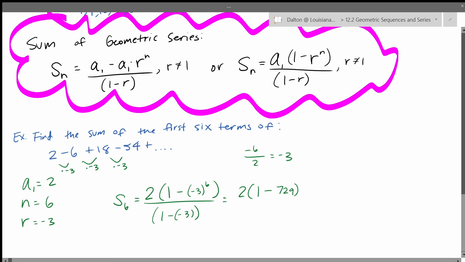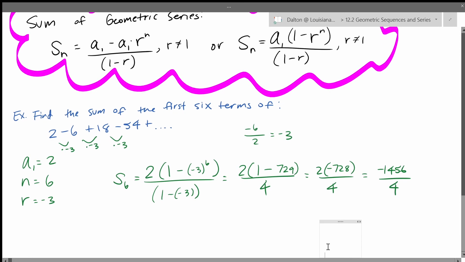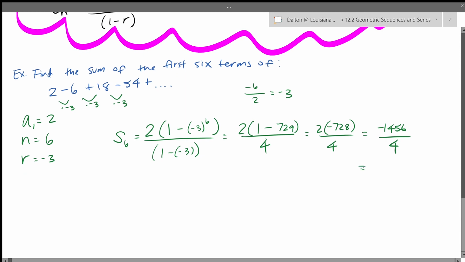All divided by 1 minus negative 3, which is positive 4. So that's 2 times negative 728, all divided by 4, which is negative 1456 divided by 4, which is negative 364. That is the sum of the first 6 terms.